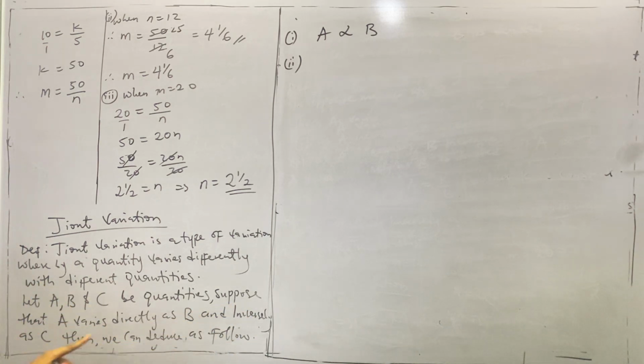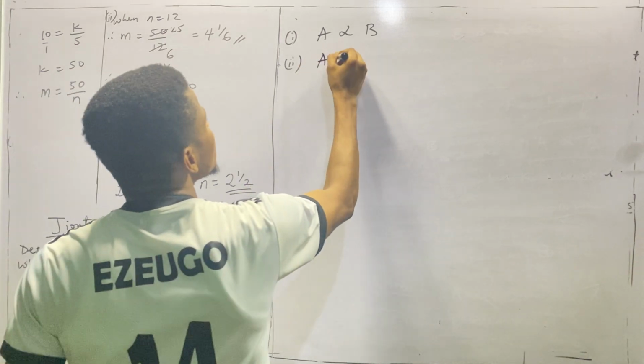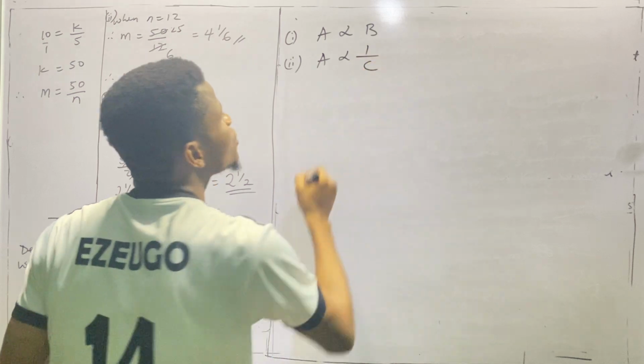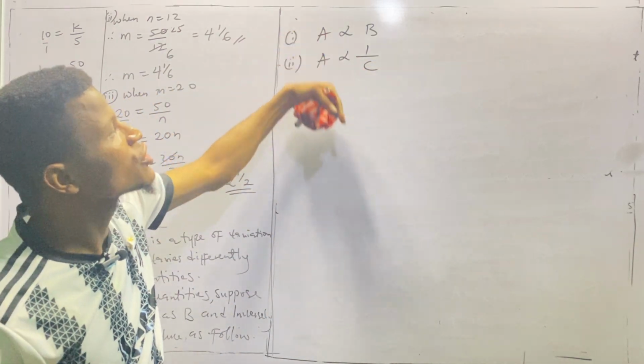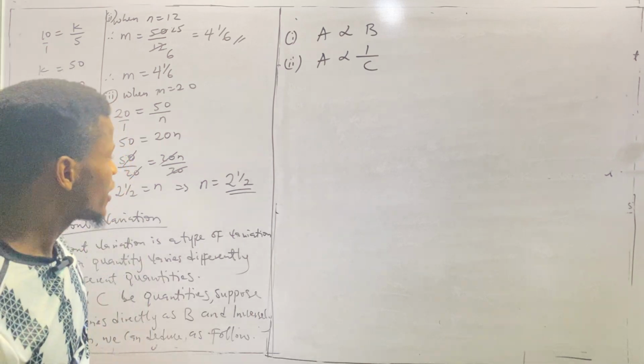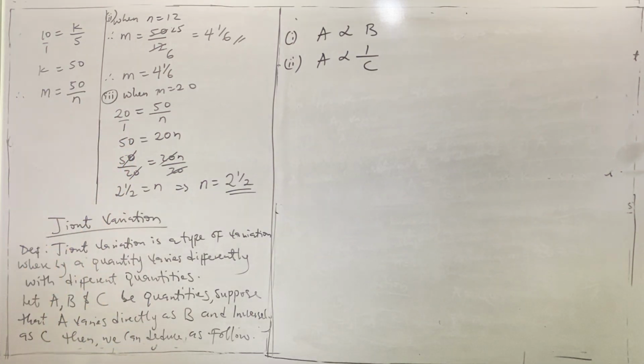And A varies inversely as C. This inverse shows that A is in inverse variation with C, and this is how to write inverse variation. Now, to bring the three of them together, we need to join them. That is where the joint variation comes in.